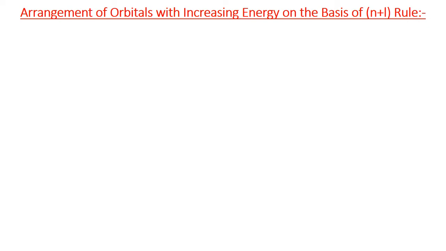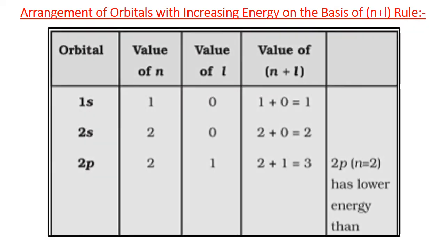Let us know about arrangement of orbitals with increasing energy on the basis of the n plus l rule. 1s orbital has n value 1 and l value 0. n plus l value becomes 1 plus 0, that is 1. 2s orbital has n plus l value 2. 2p orbital has n plus l value 3.